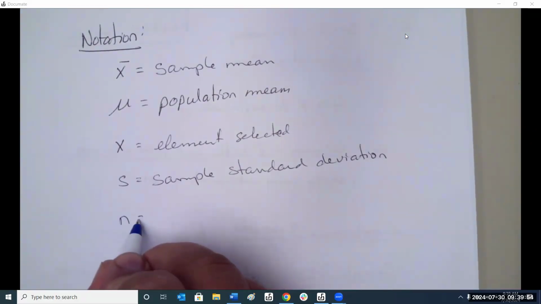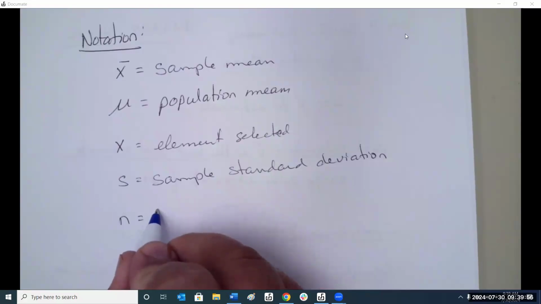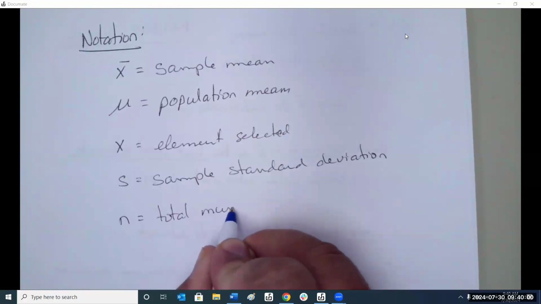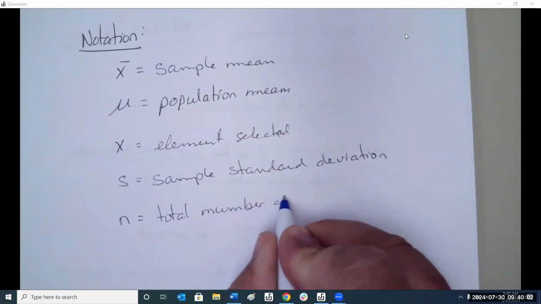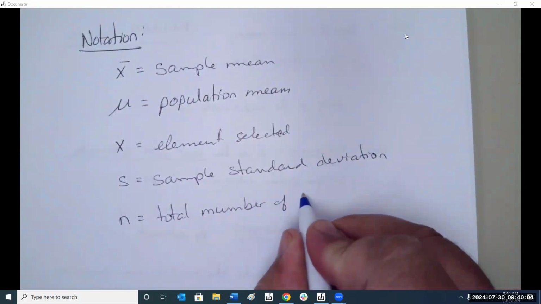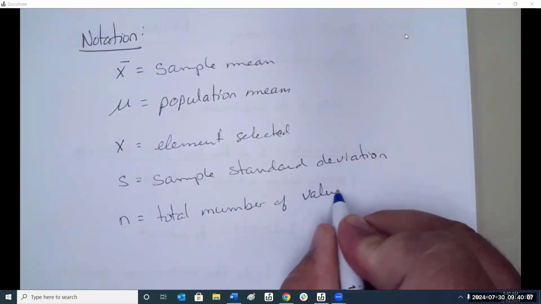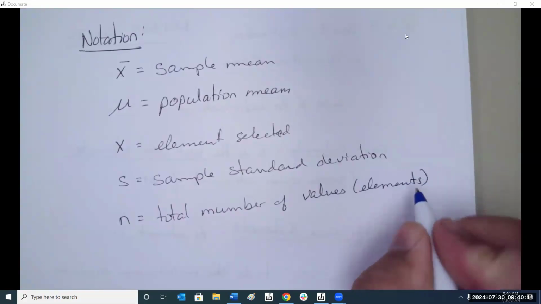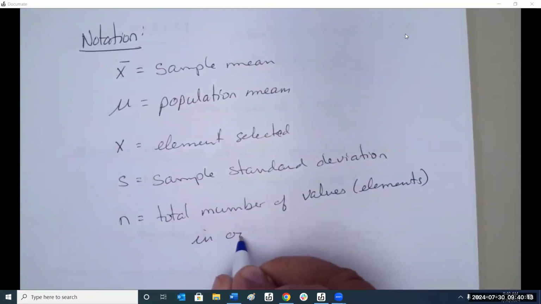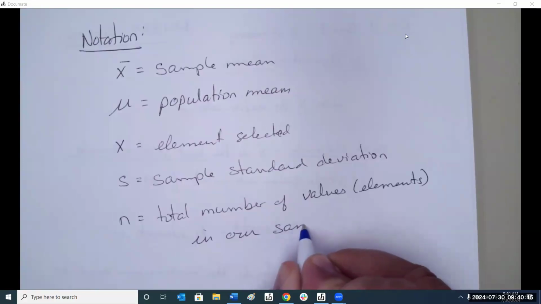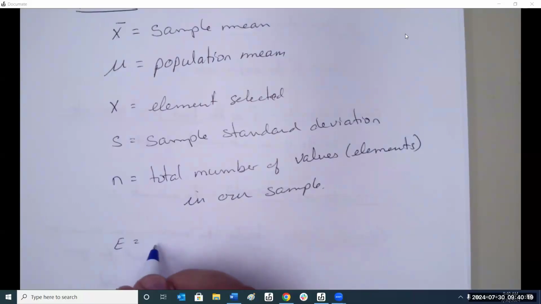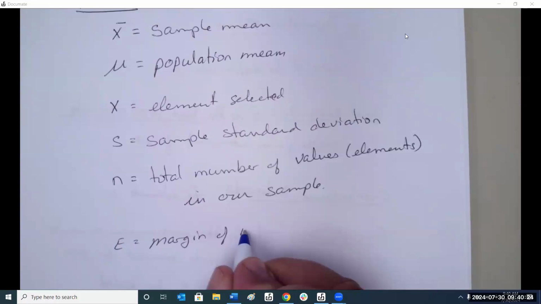We have N, which is the total number of values or elements in our sample. And then E is our margin of error.